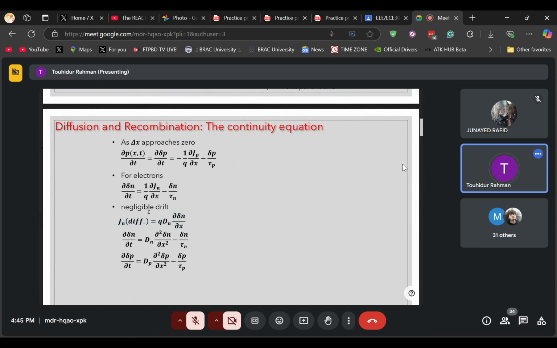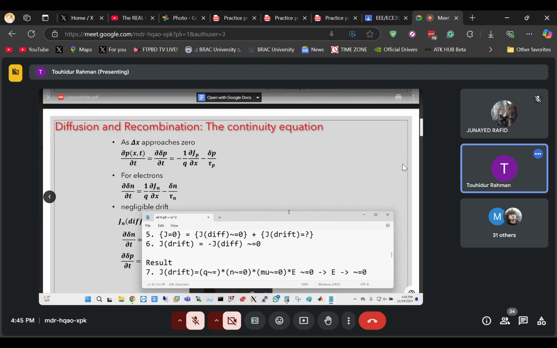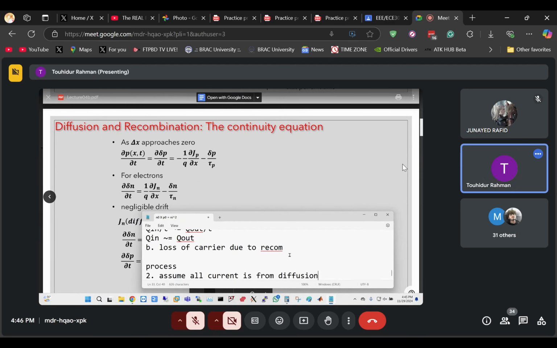So we know if we neglect drift, all the current will come from diffusion, and if all the current comes from diffusion, we know the expression of the diffusion like this. So now we are ready to write the equation in terms of diffusion. So that's why that assumption is important. Okay.